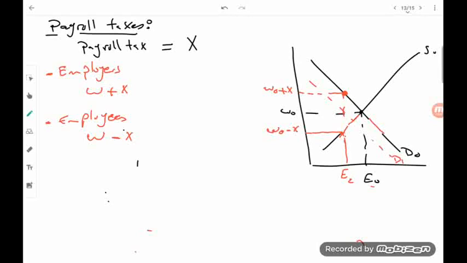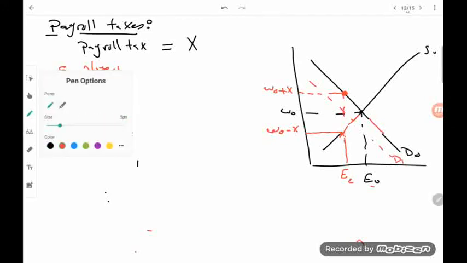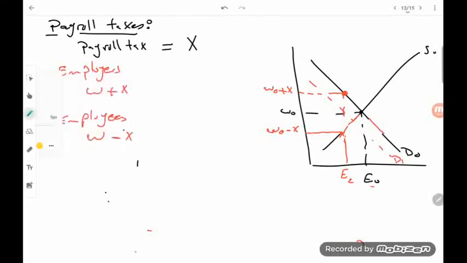But actually, it is somehow like a sharing between employer and employee. So we have a new equilibrium point at the intersection of the new demand curve and the supply curve at W1 and a new employment level, which is E1.